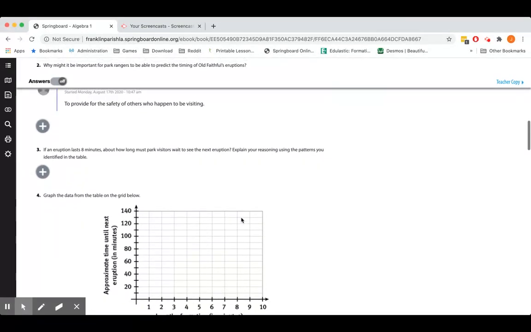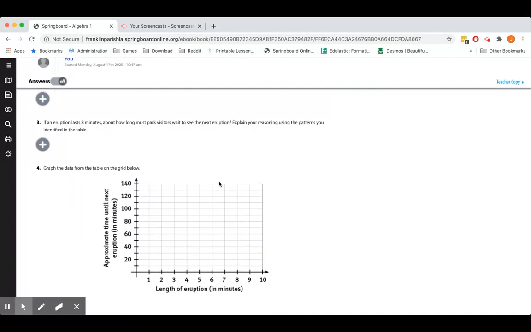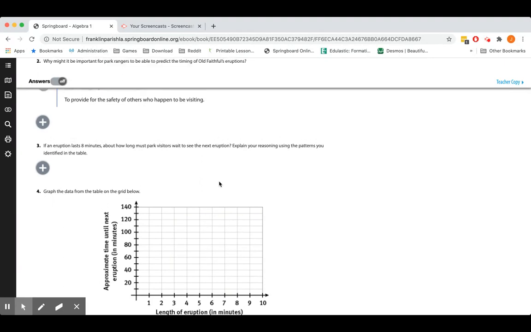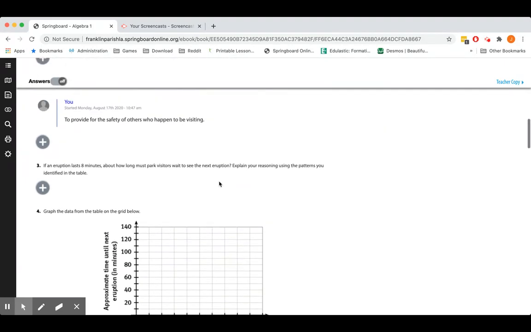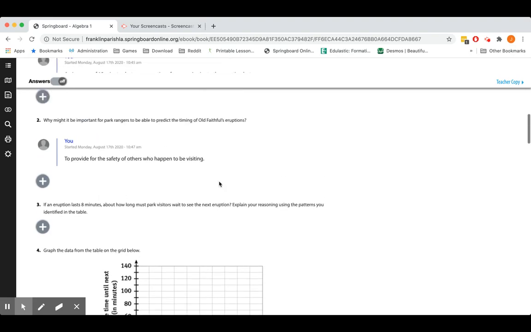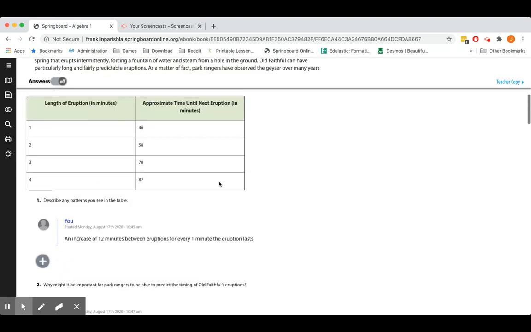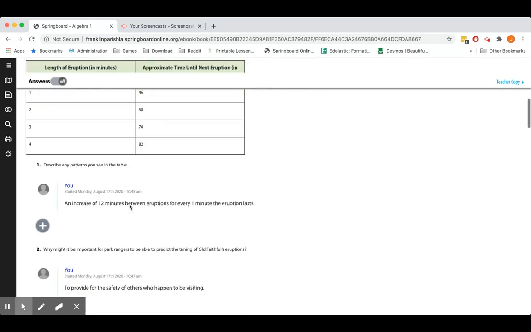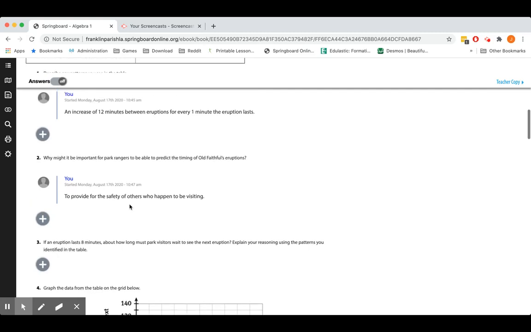Number 3, if an eruption lasts 8 minutes, about how long must park visitors wait to see the next eruption? And explain your reasoning using the patterns identified in the table. So, if we look at this, we saw that 1 minute was 46, 2 was 58, 3 was 70, 4 was 82. All right, we want to go up to 8 minutes.